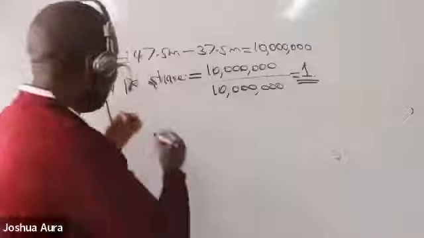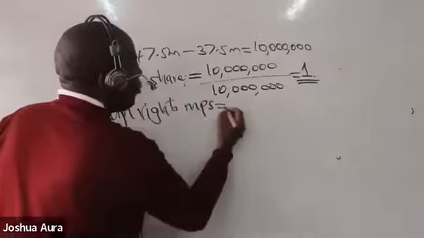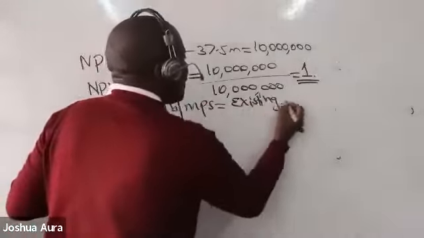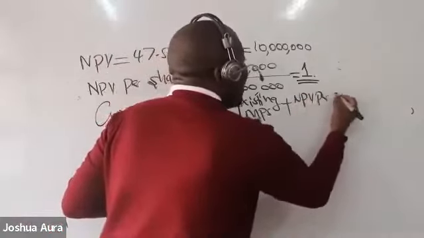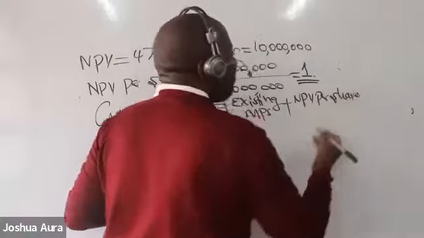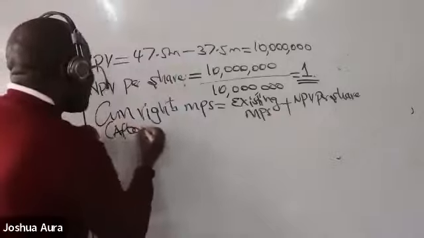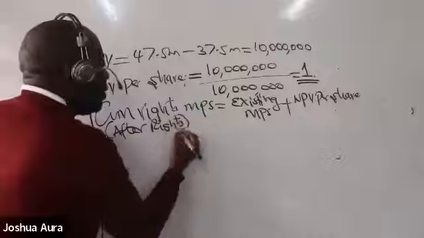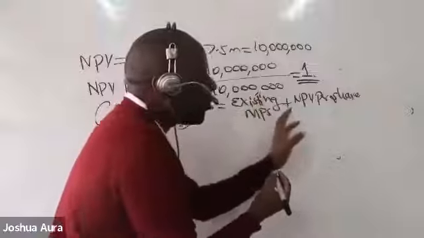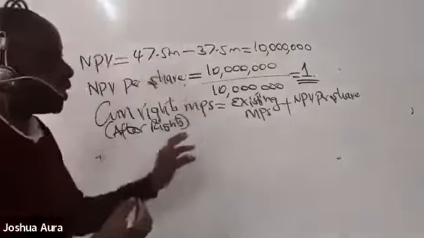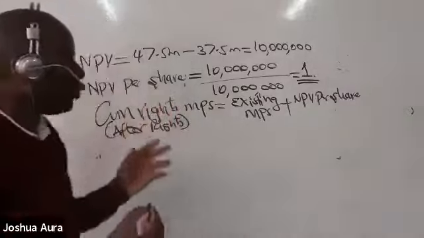And therefore, the CUM rights market price will be the existing market price plus NPV per share, because these rights will be invested in a project which will give me a new net present value. We only use this approach whenever we have a rights issue.